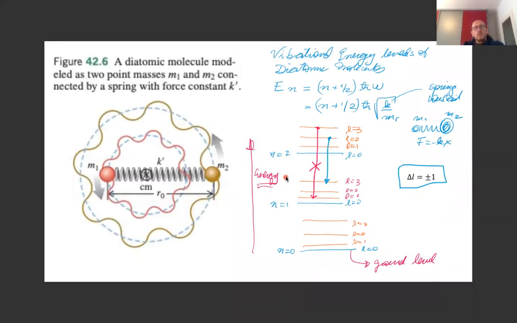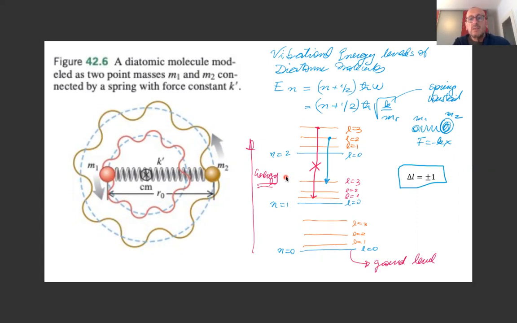We were looking at diatomic molecules, and those things we want to mechanically model as a spring and a rotating mass.